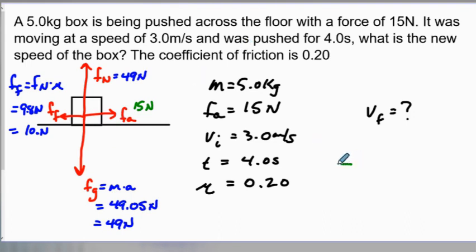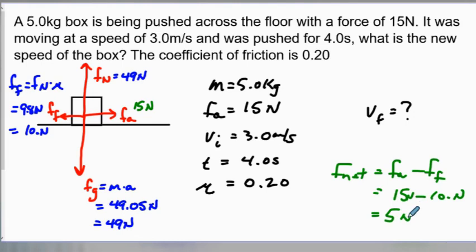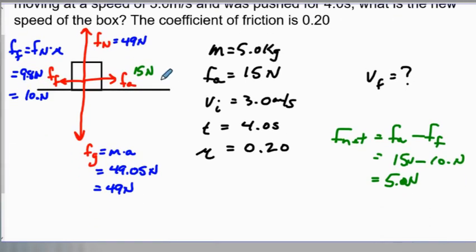What I can do now is find my F net. My F net is my applied force, subtract my frictional force. So that would be 15, take away 10. So my F net is 5.0 newtons. So that's the overall net force, and it's positive. So what that's telling me is that this thing is going to get faster.